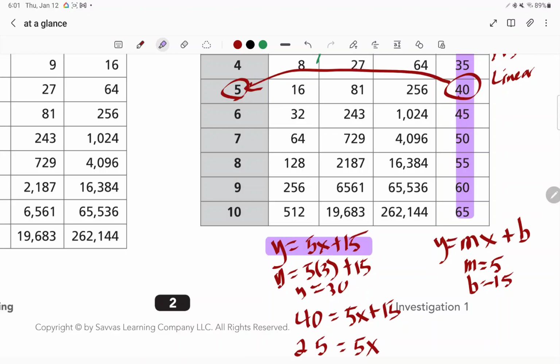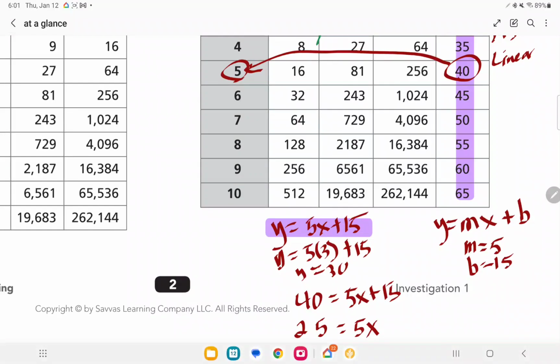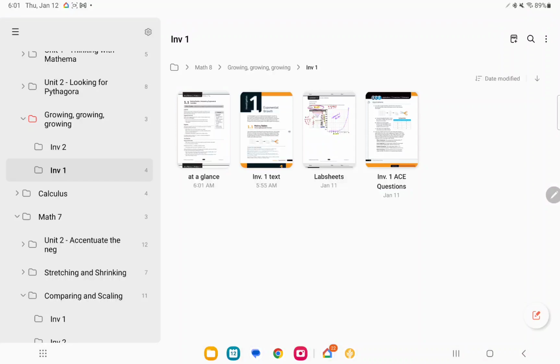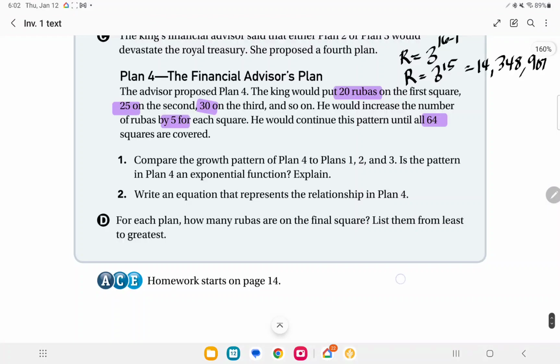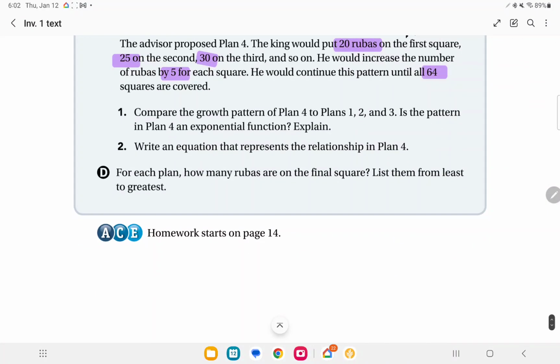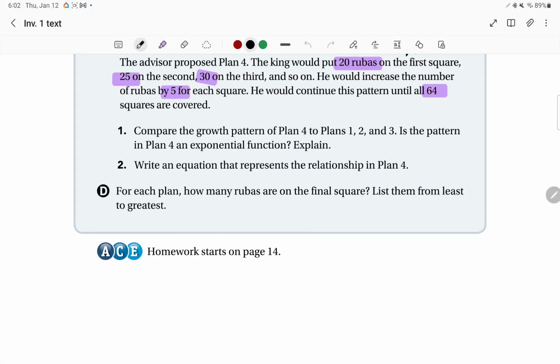And then on part D, it says how many rubas for each plan are on the final square. So go ahead and try this one on your own. So the plans 1, 2, 3, and 4, you're looking at how many rubas are on the final square.